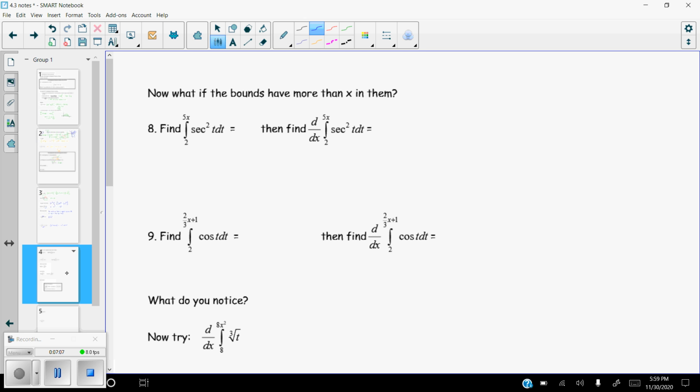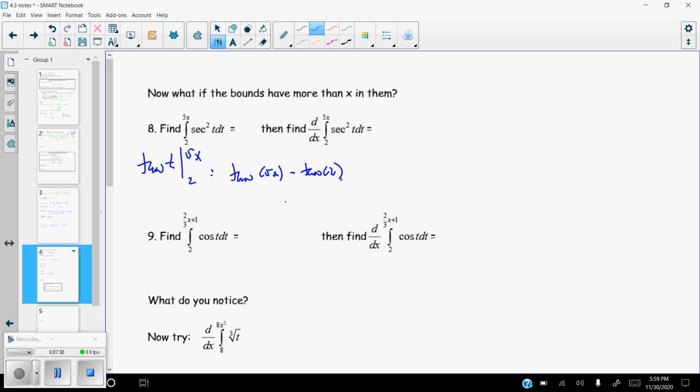Hopefully you remember that the antiderivative of secant squared t is tangent of t, since the derivative of tangent is secant squared. So this gives us tangent of t, evaluated from 2 to 5x. Plugging in the top bound, tangent of 5x, minus, plugging in the lower bound, tangent of 2.